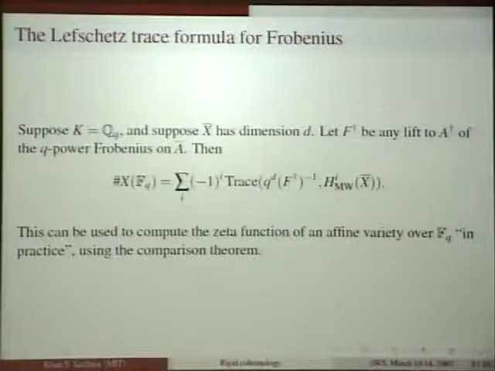And now I take a lift of the Frobenius on A bar, the q-power Frobenius, the one that's F_q-linear. And it doesn't matter which one I take, because I always get the same map on cohomology. And I form this alternating sum of traces, (-1)^i, trace of, well, I have to flip things around because this Frobenius is the Frobenius on rings, so it's arithmetic, I guess.